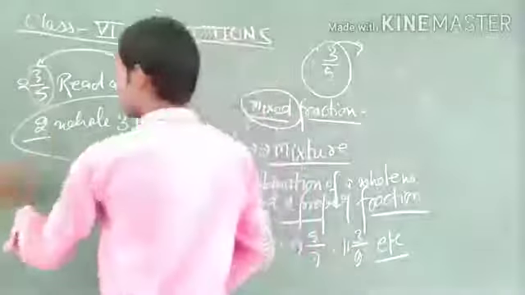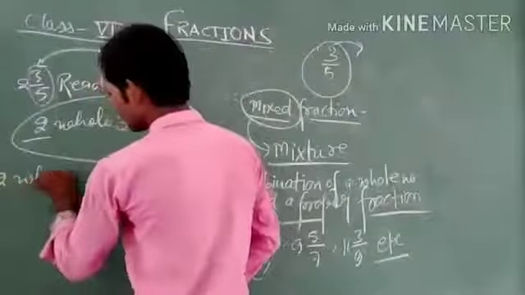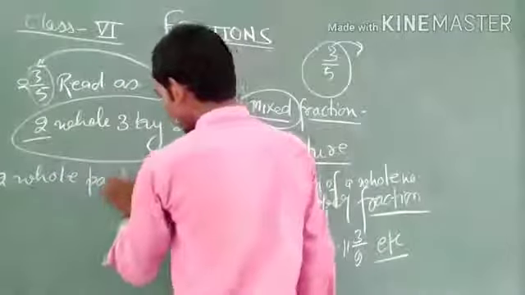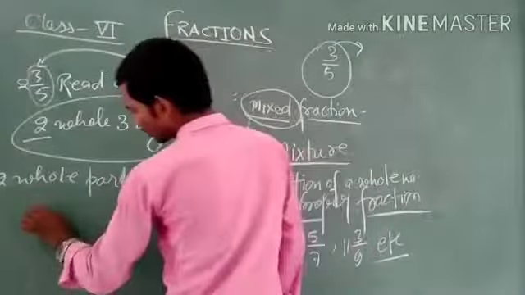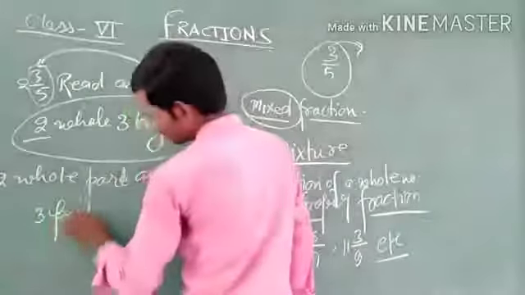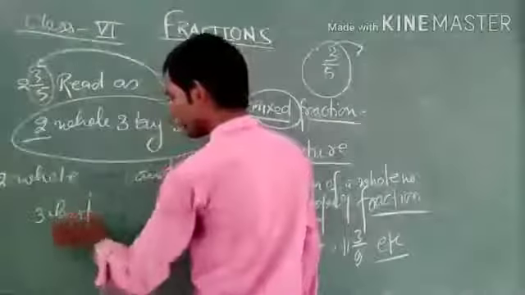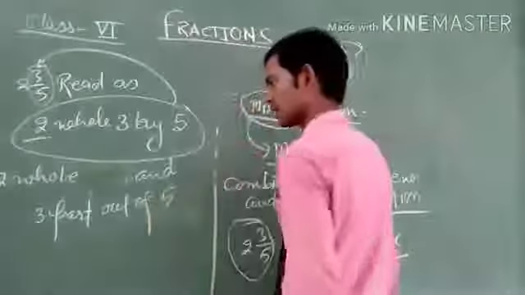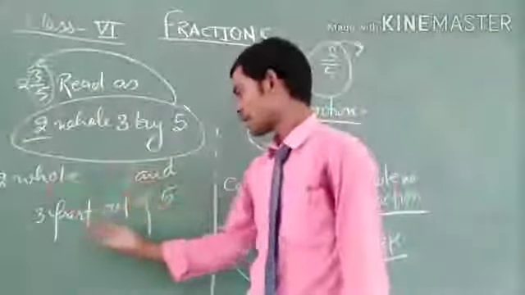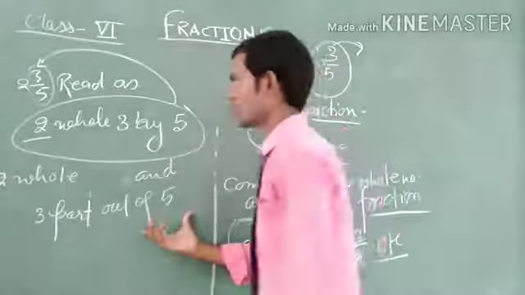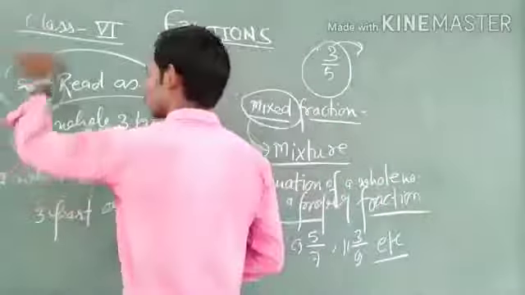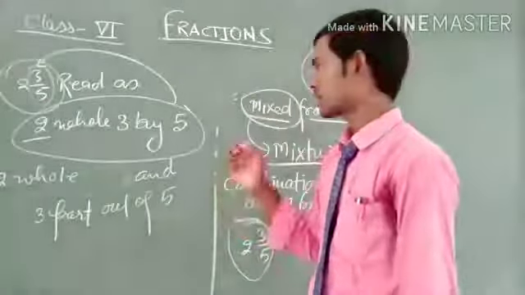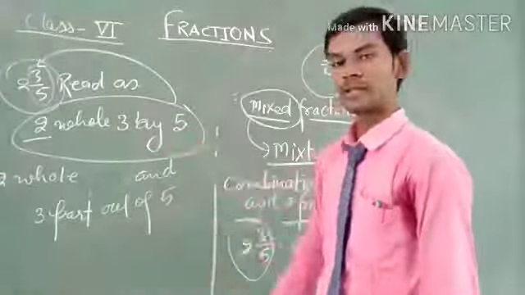So here we have 2 whole and 3 parts out of 5. This is the meaning: the fraction 2 whole 3 upon 5 means 2 whole and 3 parts out of 5, and this is the complete meaning of the mixed fraction.